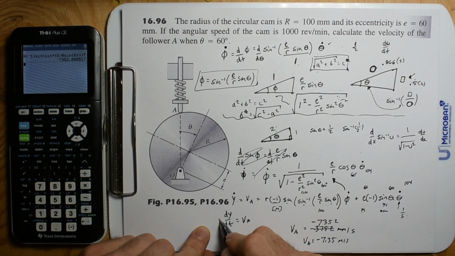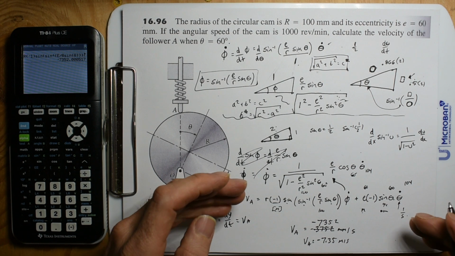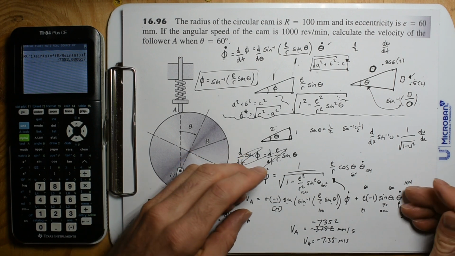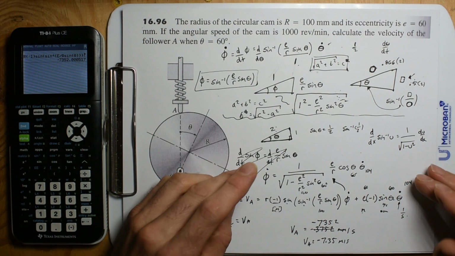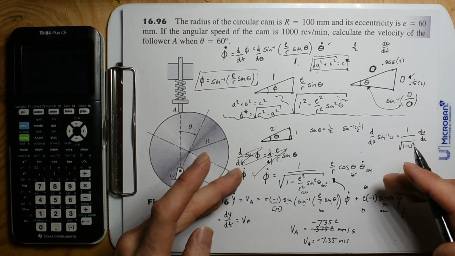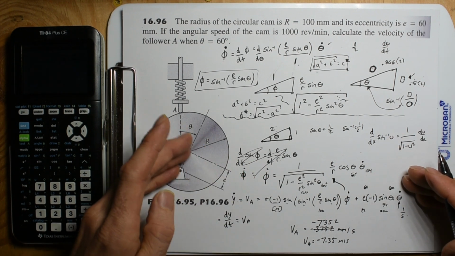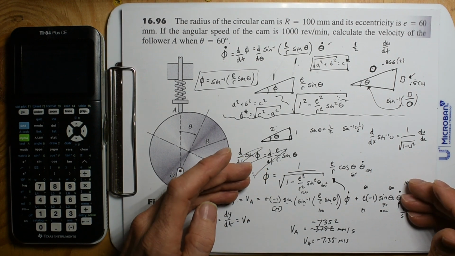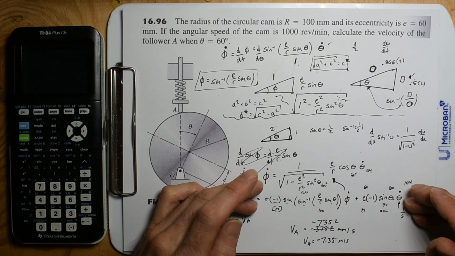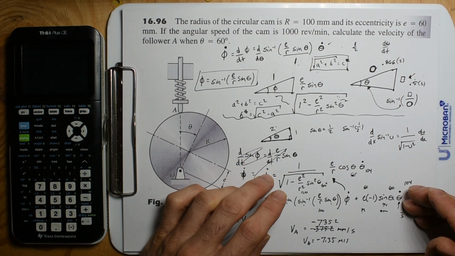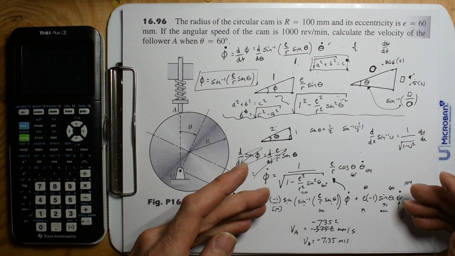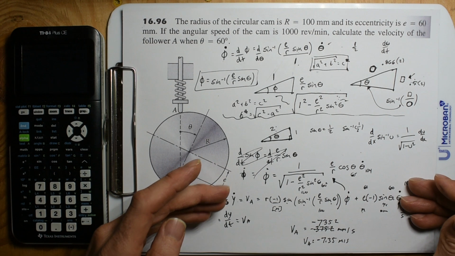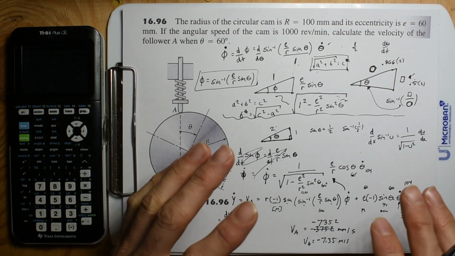So if we wanted to find the acceleration of A, we would differentiate this with respect to time. And this is what you're going to run into: if you don't find ways to simplify it from the start, these things are going to be real ugly, and you're going to have to go to online calculators. But even the differential calculator online is not going to take the differential with respect to time. It's not going to do the chain rule for you.